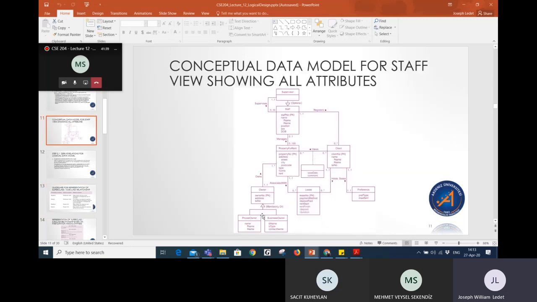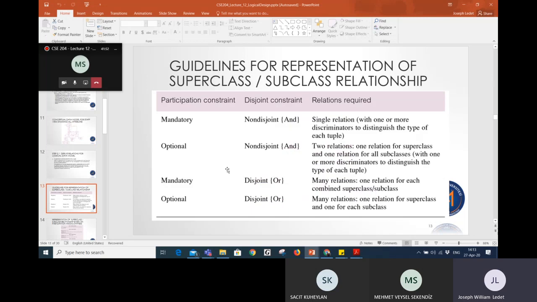So I think that's this one. Yep, right. So we have owners. An owner must be a private owner or a business owner. So how do we do that? Many relations: one relation for each combined superclass and subclass.